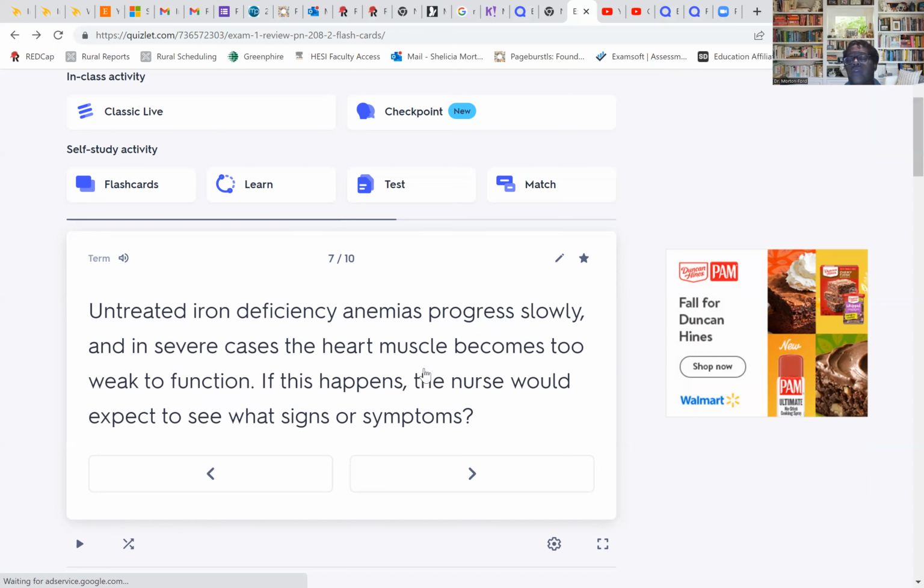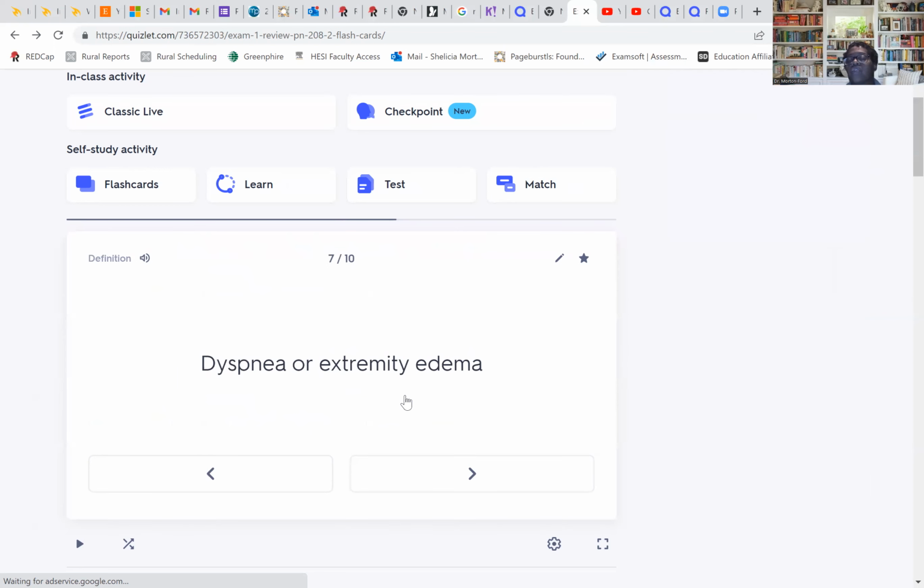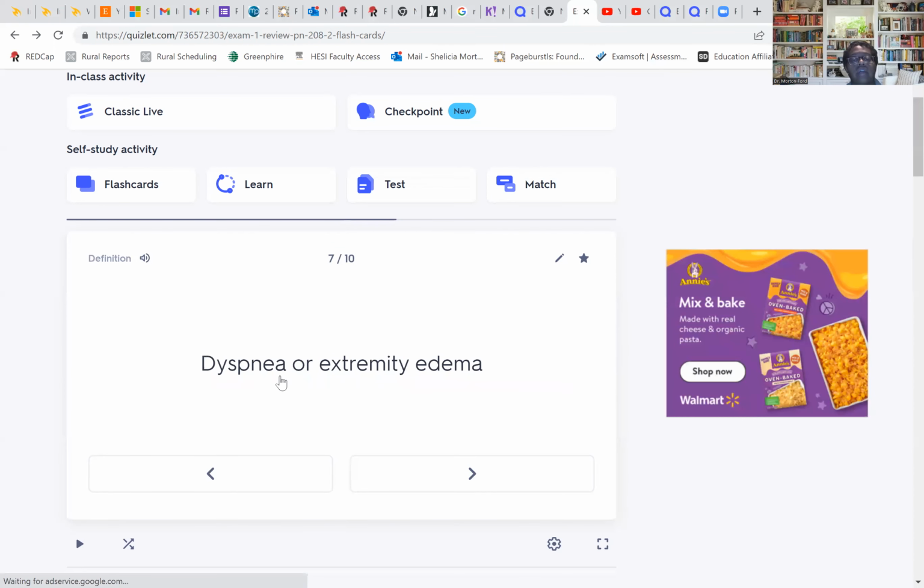Depending on how it's affected, the heart will not pump like it's supposed to. Its function is weak. So if it's not pumping that blood out like it's supposed to, what signs or symptoms should you expect to see in the client? Shortness of breath or edema, dyspnea or extremity edema, because that heart is not keeping up with moving that fluid around.